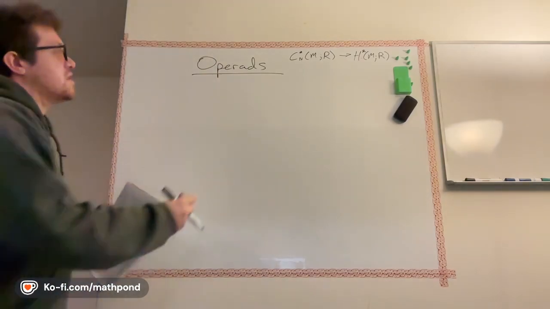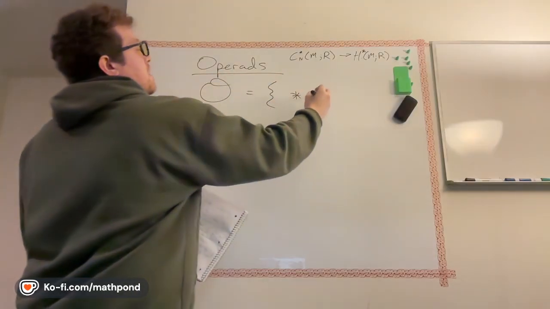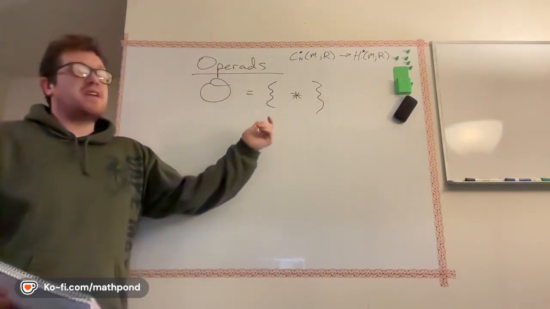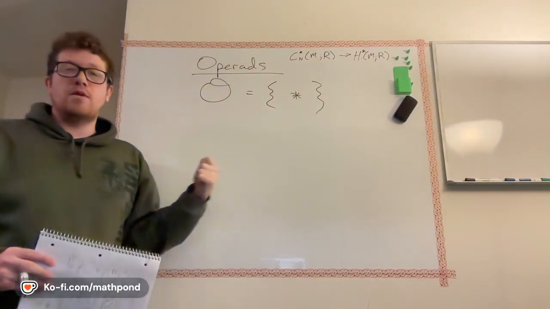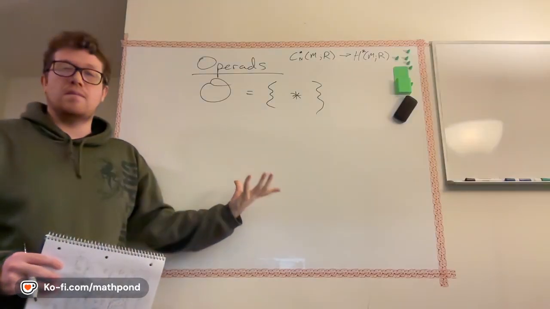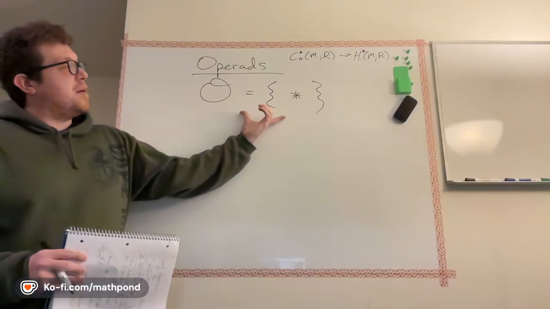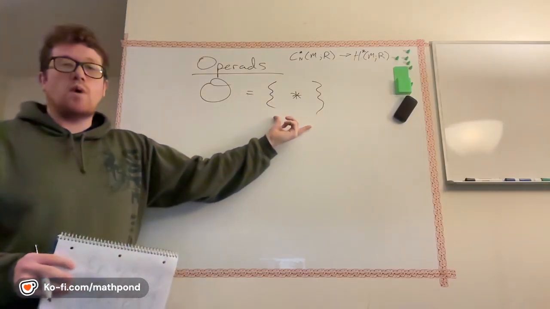So the simplest operad is just a single point, and that's representing the fact that if I have an algebra over this operad, there's only one way to multiply some number of elements. So if I take n elements and I'm applying this quote-unquote operation, that means there's only one way to multiply them.